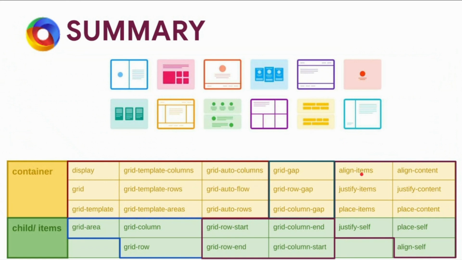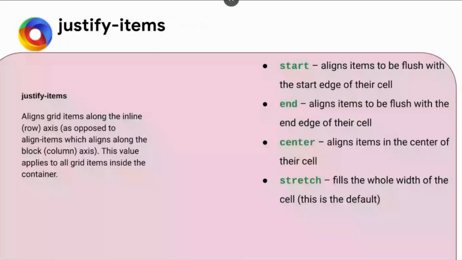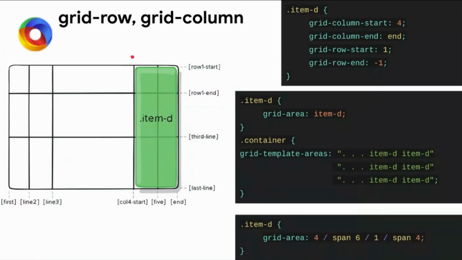All these properties, align items, justify items, place items, are on the parent container, the grid. But justify self, place self, and align self are inside your child, on one of the items. Suppose I create a grid and an item, and inside the item I have put some other div and span, taking width only up to here. Then inside this item D, I will place it in the grid area and set justify self.